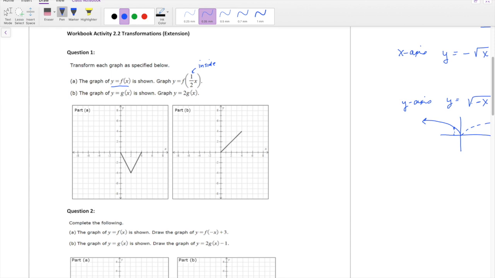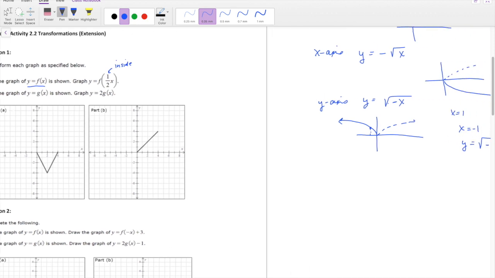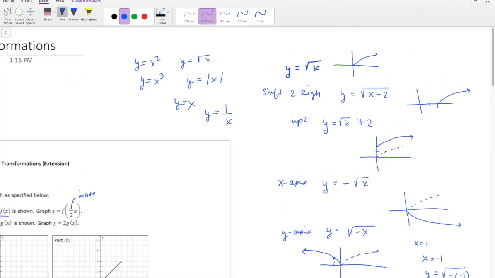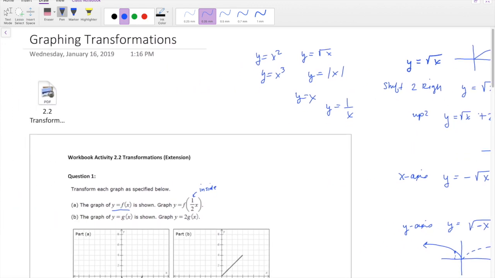So when I'm going to affect the input, you always have to do the opposite of what you're looking at. For example, over here, the -2 is on the inside. That's affecting the input, and the -2 actually shifted that point (0, 0) to (2, 0). We actually added 2 to the x coordinate. So you do the opposite.